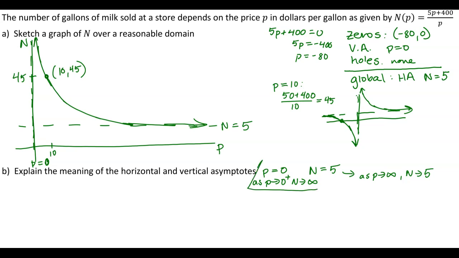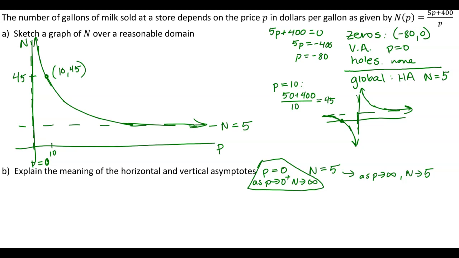Okay, so let's look at this one first. I would say here, what that's telling me is that as the price gets really close to 0, so as you approach giving milk away for free, the number of gallons that you're going to be able to quote unquote sell is skyrocketing. It's headed to positive infinity. And while we maybe can't really sell an infinite number of gallons of milk from a store, I still think this is getting across some good meaning.